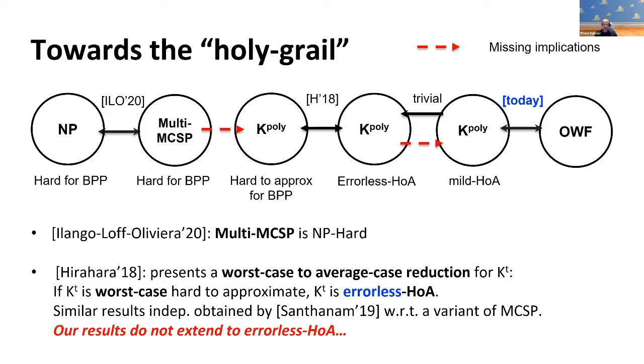Continuing Benny's question, if all the dotted red arrows go through, what is the constant of the one-way function? What is the candidate one-way function you're going to get? Can you say something about its running time? Yeah, the candidate one-way function is so simple. You have an input of length n, and you look at the first log n bits and interpret them as a number.